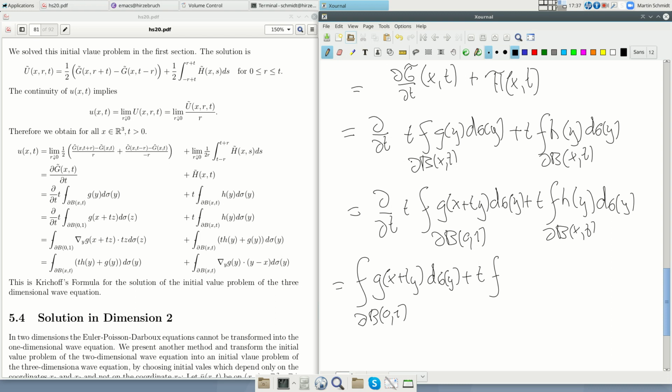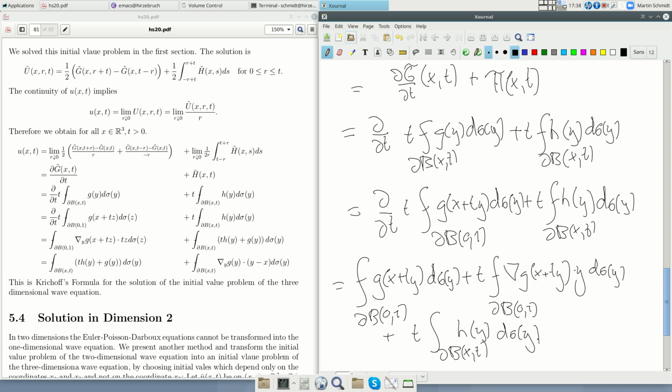Taking the derivative, the inner derivative is y and the outer derivative is the gradient: the gradient of g at x plus ty times y, integrated on this boundary, plus of course this term t times the mean of h of y d sigma of y.